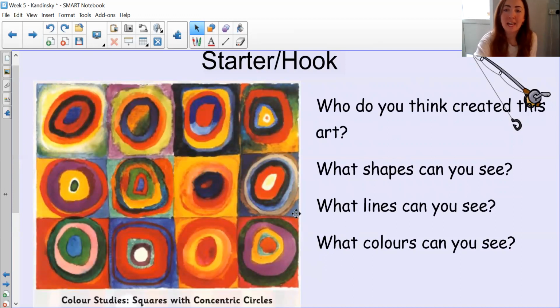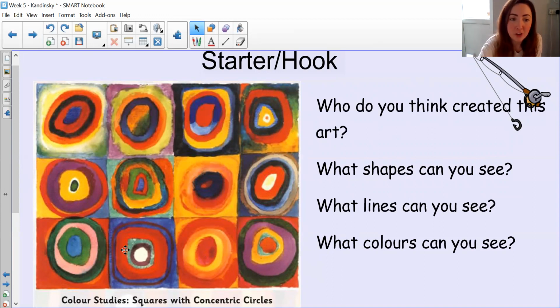And then what lines can we see? So remember, that's thinking about the different shapes of lines, the different sizes of lines, the different thicknesses of lines. Looking at each section of this piece of art, we can see that the circles have different thicknesses, don't they?